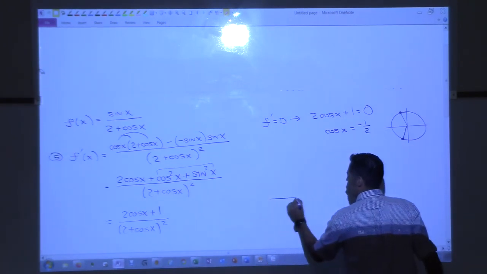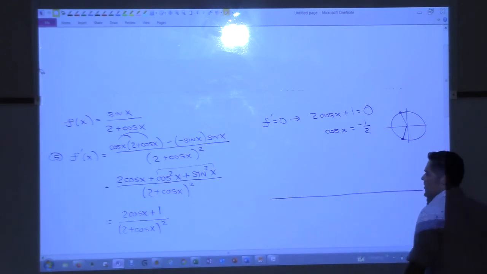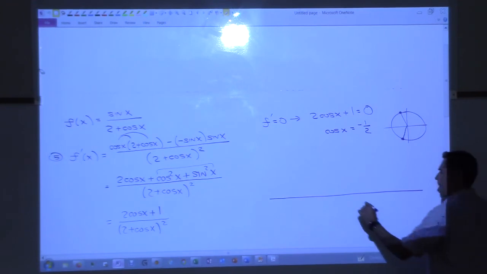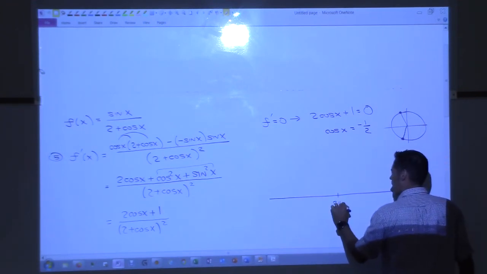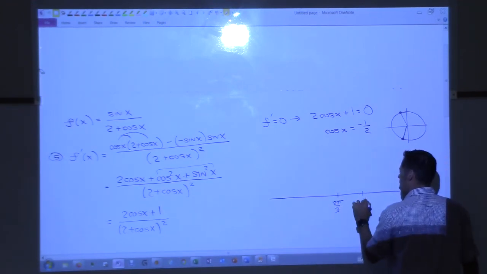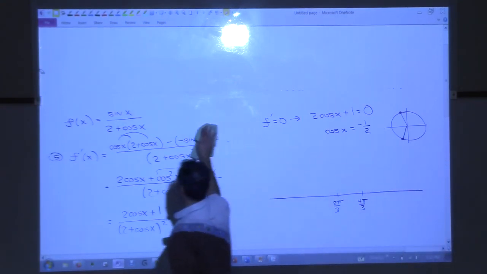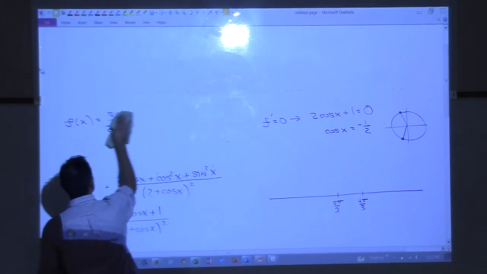So here's our number line. We had 2 pi over 3, didn't we? Another one we have is 4 pi over 3. What would another one be? 5 pi over 3, 8 pi over 3.